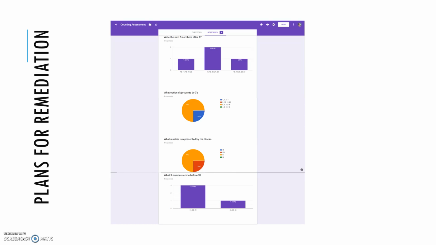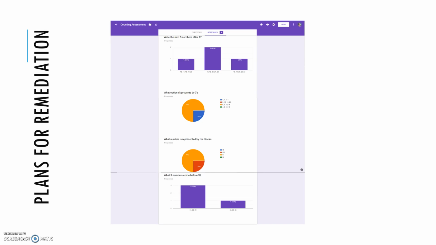So plans for remediation would come from the data that is collected from the assessment. So we can see here, based on the 4 responses that I got, the first question, 2 students got it right, the middle column there, and then 2 students got it wrong.